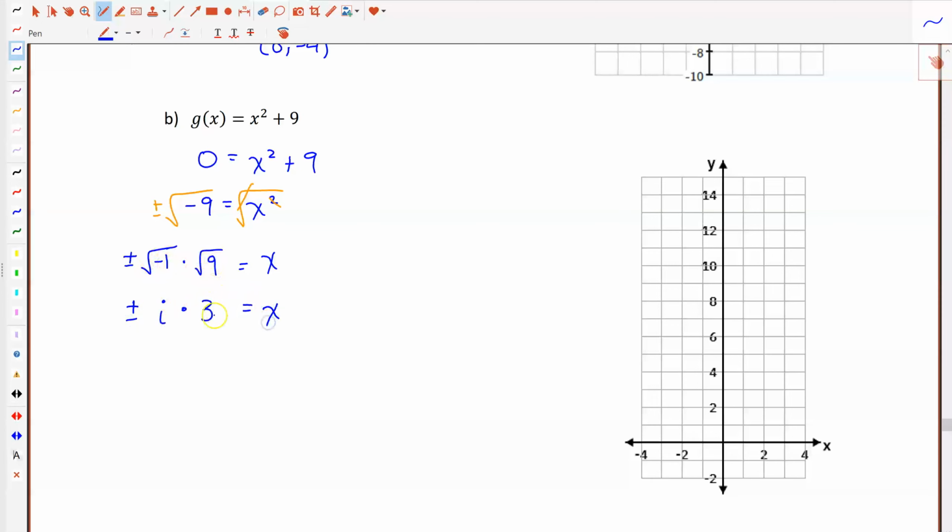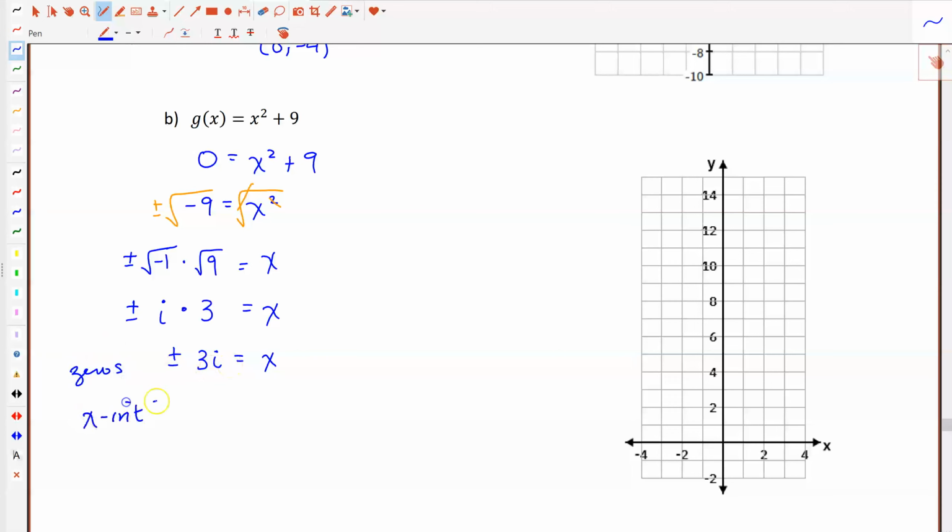So what I get over here on this left-hand side is plus or minus 3i. We always write the i part second, behind the coefficient. So these are going to be my zeros. So I'm going to have positive 3i and negative 3i being my zeros.